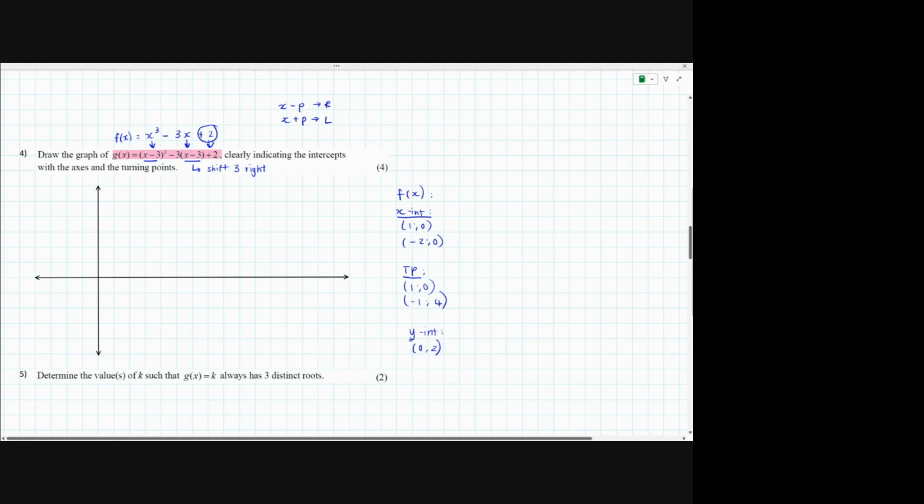What I now want to do is shift everything to the right, because that's what g of x is telling me to do. So if I now take g of x, I'm going to do everything I've just done, but just apply my translation. So the x-intercept, if we had an x-intercept at (1, 0) and we shifted 3 units right, where does it now end up?